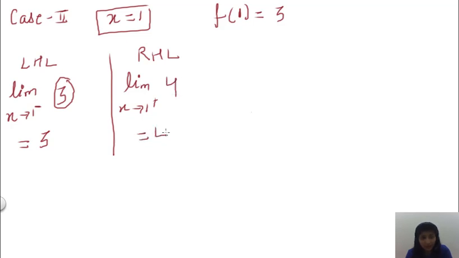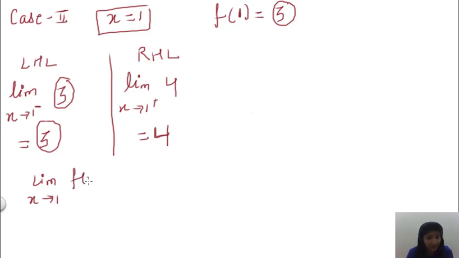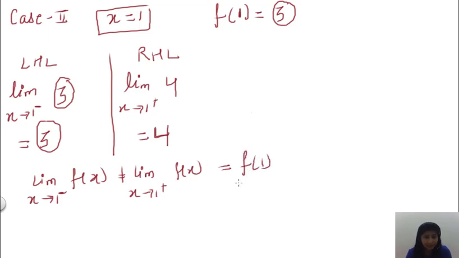The answer is 4. Now we see that LHL and the value of the function are equal, but the answer for RHL is not equal to LHL and the value of the function at 1. So you will write that limit x tending to 1 minus f of x is not equal to limit x tending to 1 plus f of x, and it is not equal to f of 1.